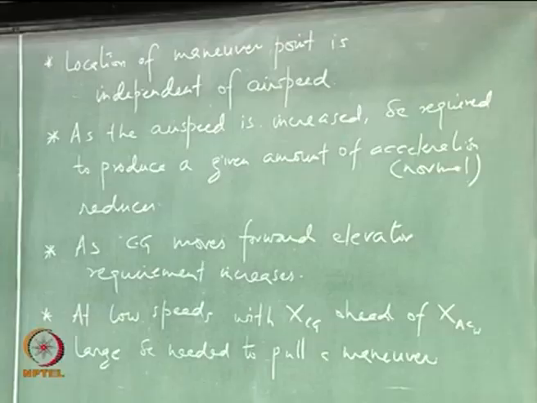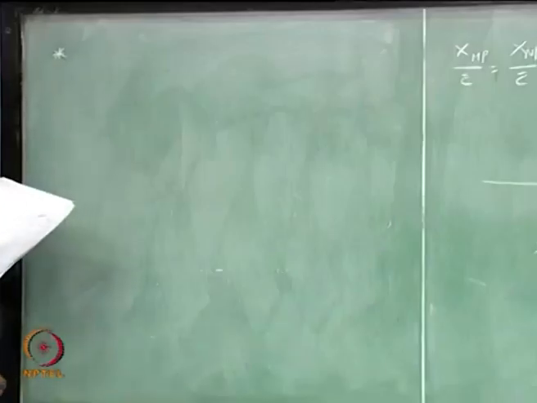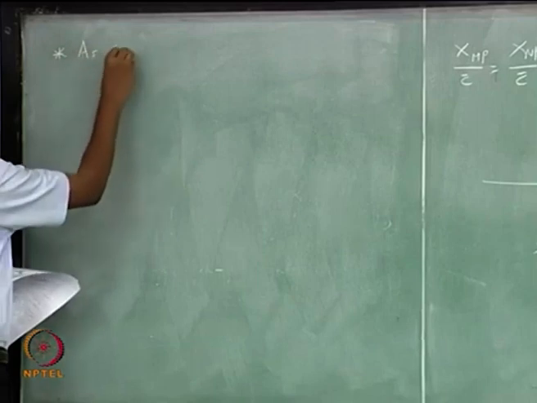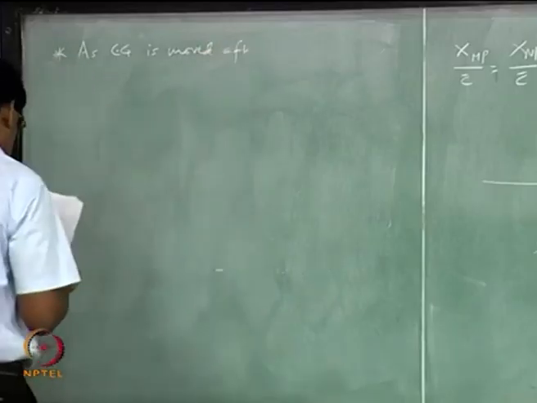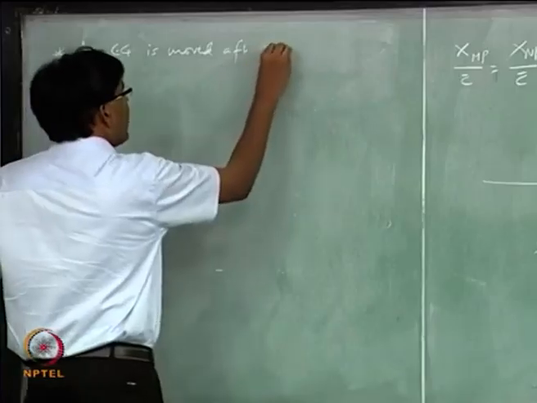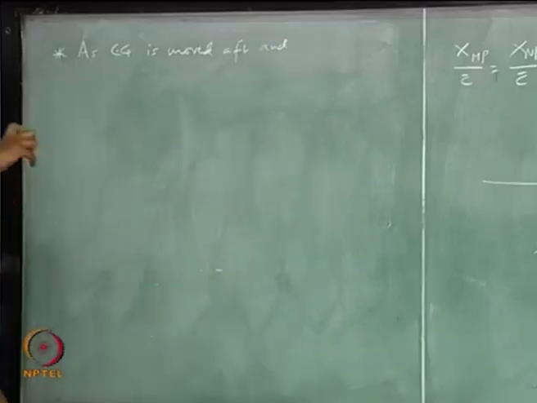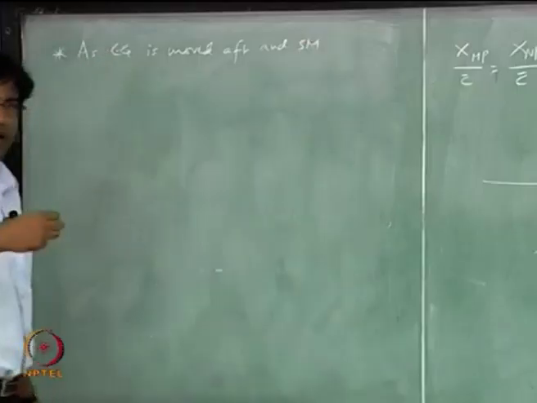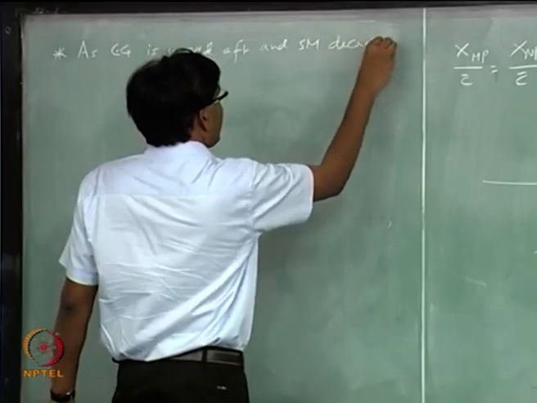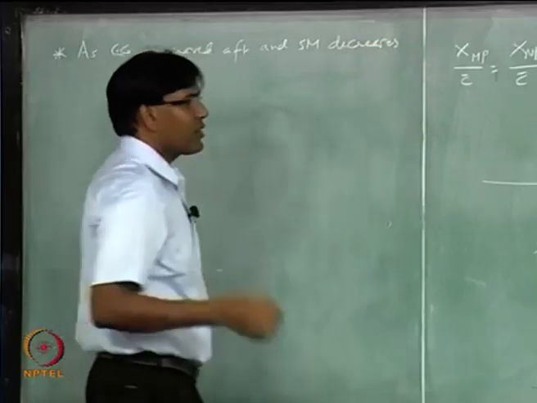Okay. So, when we are moving the CG up towards the neutral point, static margin is decreasing. What happens?